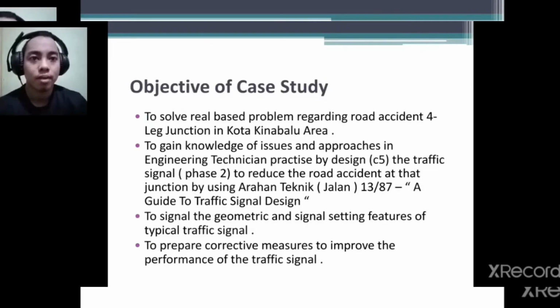The objective of our case study is to solve a real-based problem regarding road accidents for the junction in the Kota Kinabalu area.